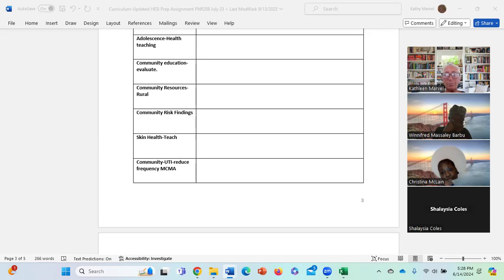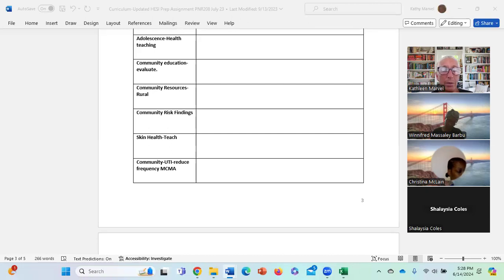Absolutely. Those are all the risks. Think about your vulnerable populations paper and that list of all the different populations you could have done. Those are community risk findings. There are going to be those vulnerable populations in every community.